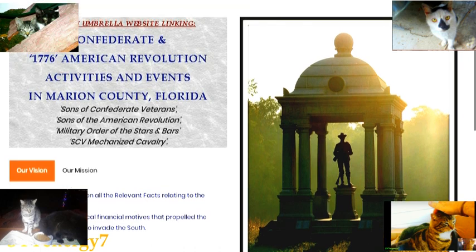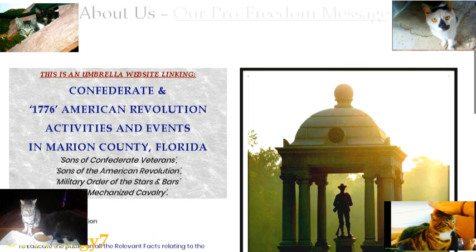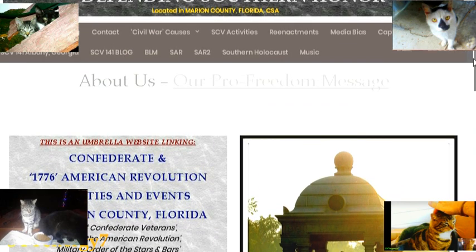This isn't actually the official Marion Light Artillery SCV 1396 website, but in a way it is. In some ways, it's a mixture of things, but all these things are interrelated.